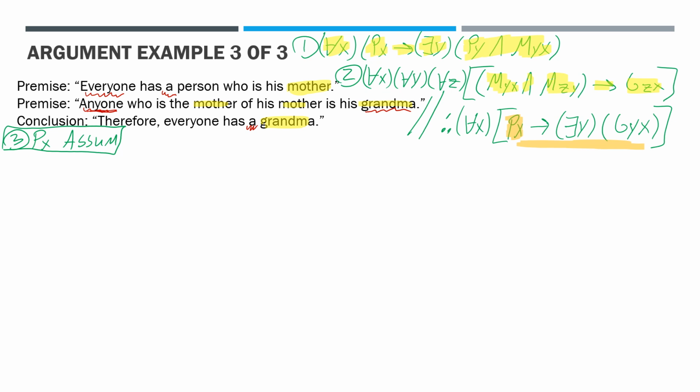And now we can work with line 1 and do a universal instantiation. So line 4, we can get px arrow, there exists some y such that py and myx by the universal instantiation of line 1.